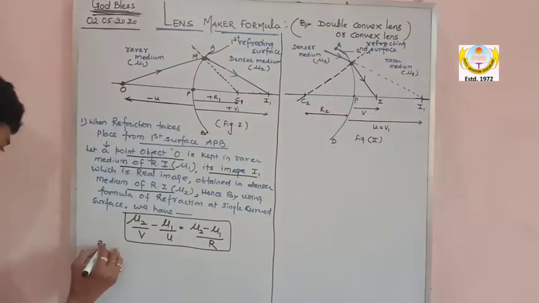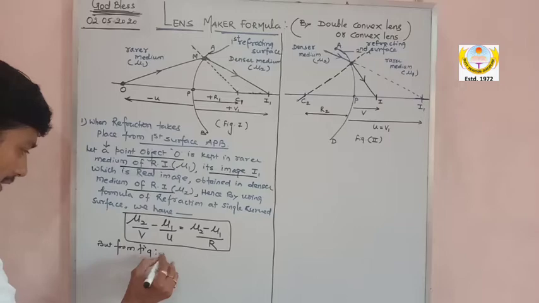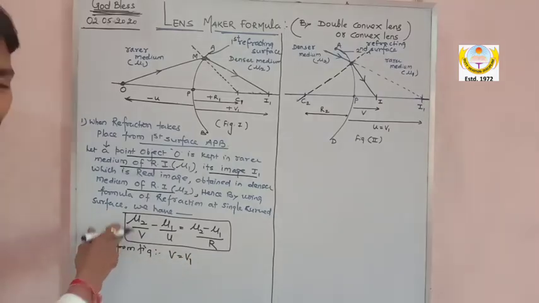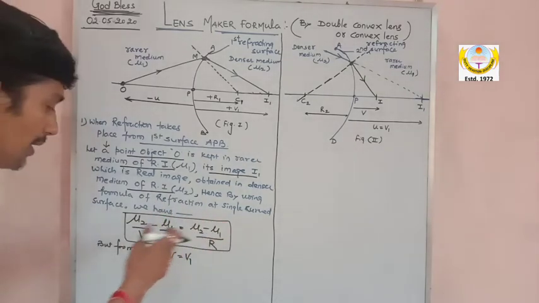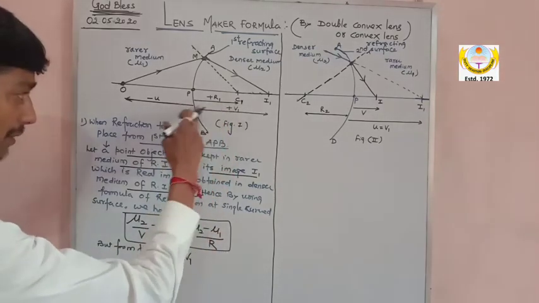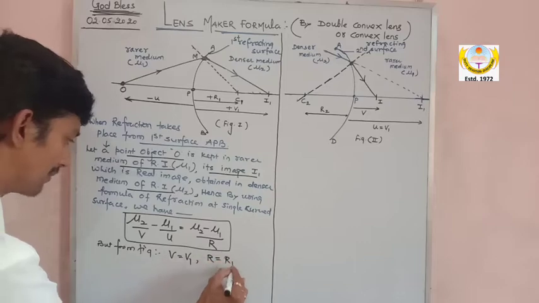But from the figure, my dear, V is equal to V1. Earlier, when we derived this formula, it was mu2 by V minus mu1 by U. But now, in the figure, V is your V1. You can see the diagram, and R is equal to R1.